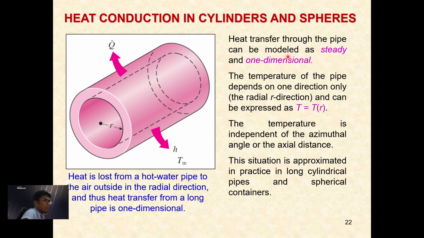For cylinders and spheres, there's no L anymore in the formulas. The direction of heat transfer is through the radial direction, so T can be expressed as T equal to T in terms of r. The temperature is independent of the azimuthal angle or the axial distance.